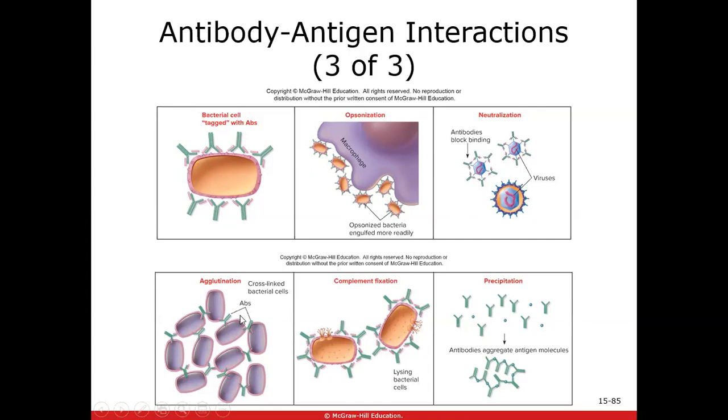Then you have agglutination. The antibodies hold to one, hold to the other, and they all stick together. Then complement reactions. The antibodies come in and draw substances that can actually breach the cell membrane. We have precipitation. That's where the antibodies and antigens come together and it creates a clump.